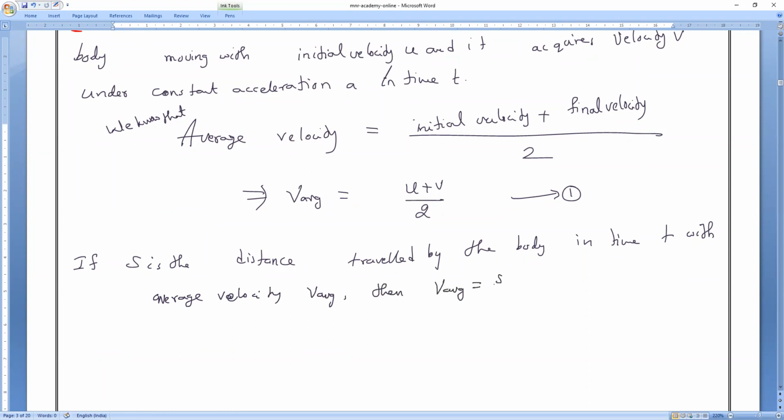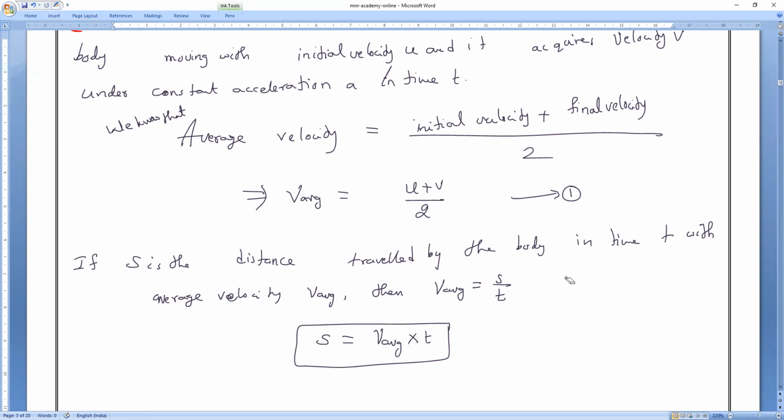Distance by time. Let me take this as equation number 2. Now from equation 2, S is equal to V average into time. Is it right or wrong, all of you?